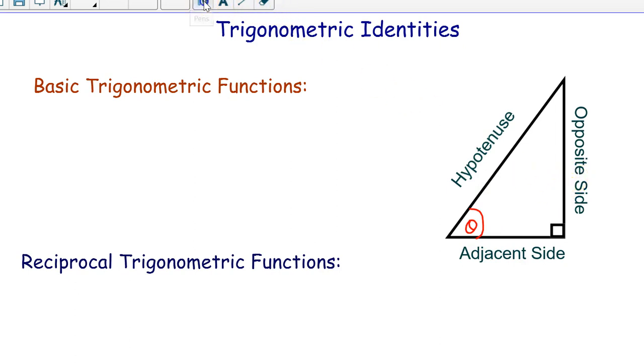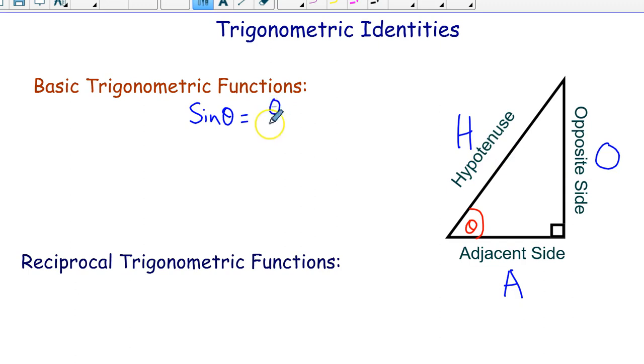Now what are these trigonometric functions? The first known function is the sine. In short, we write sin. Sine theta is equal to opposite, which I'll denote with the letter O, adjacent, let me call it A, and the hypotenuse is H. So sine theta is the opposite side over hypotenuse.